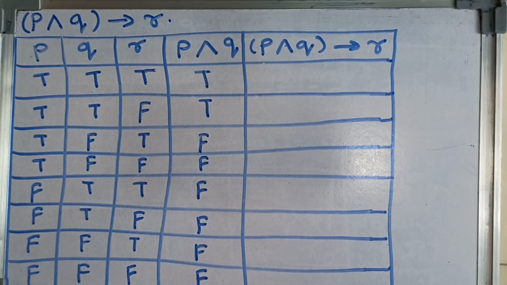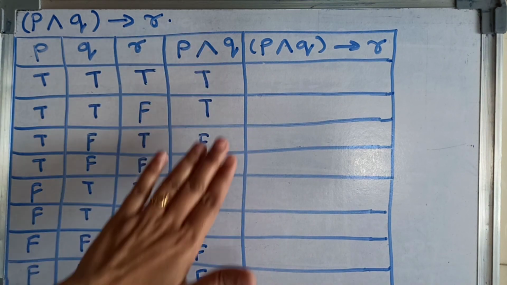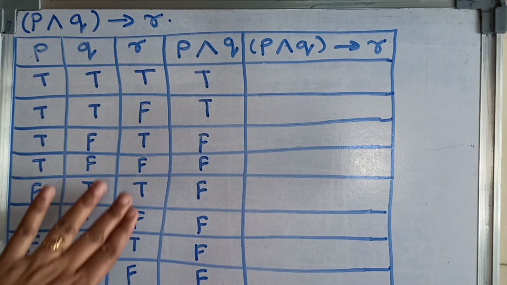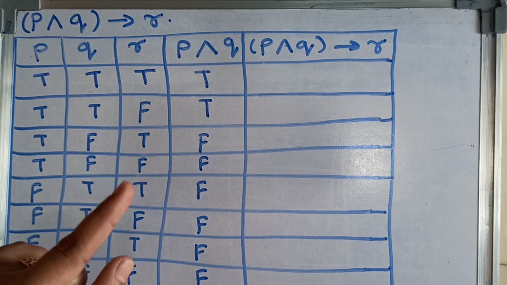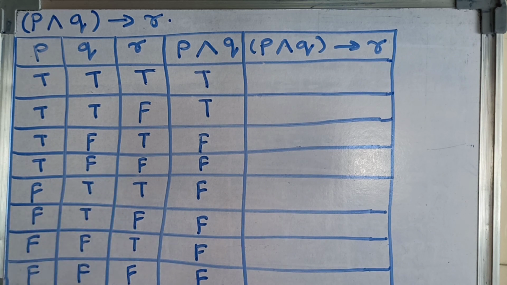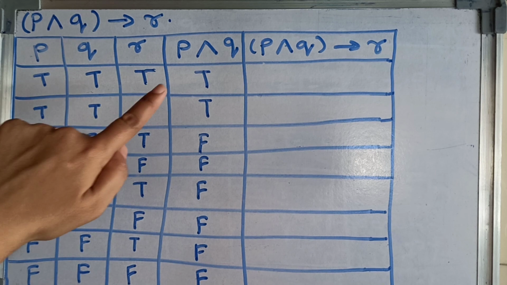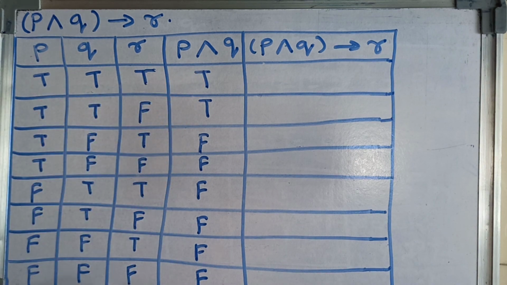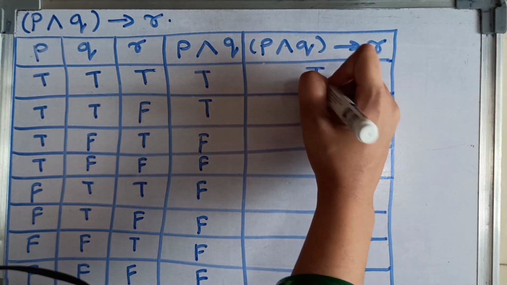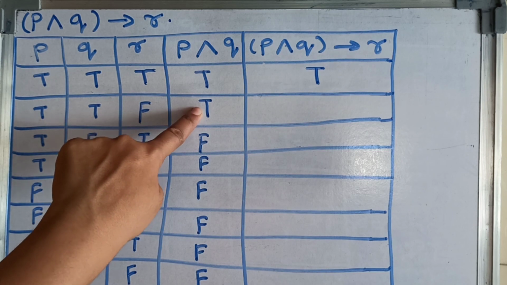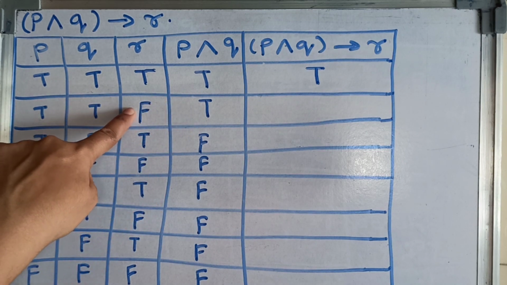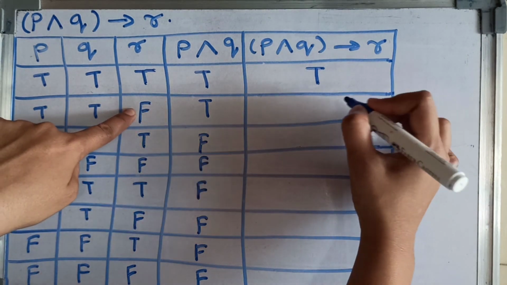Then the last column we have P and Q implies R. This will be our first column and this will be our second column. Here we have implication. We have already seen implication is false if the first statement is true and the second statement is false. Here we have TT, so this will be true. Here the first statement is true and the second statement is false, so this will be false.